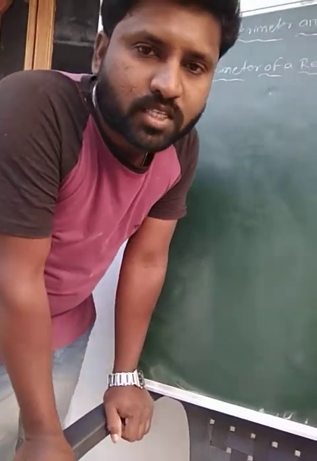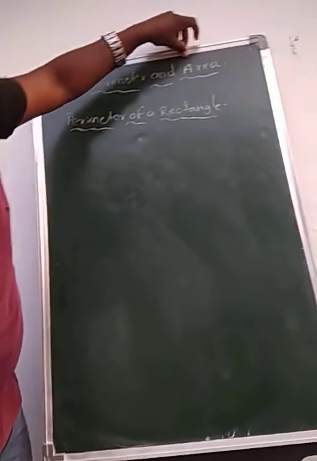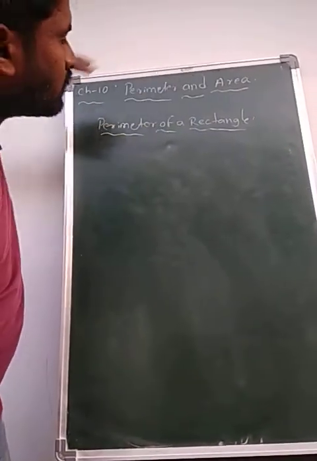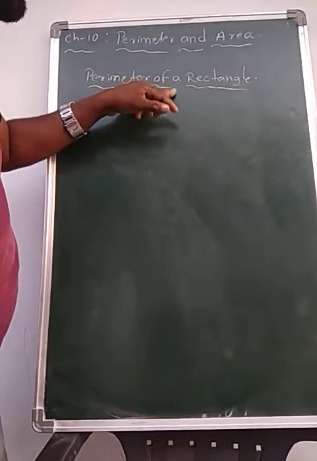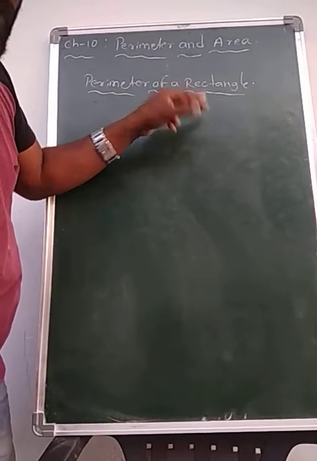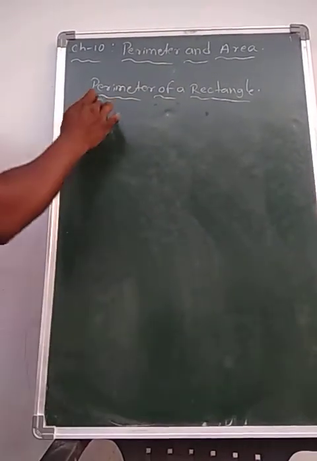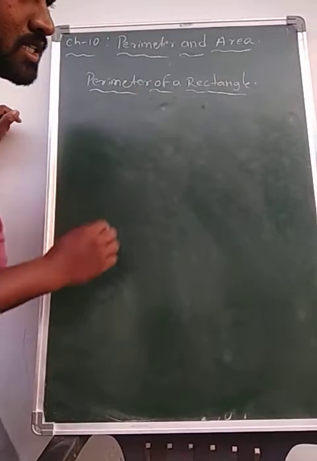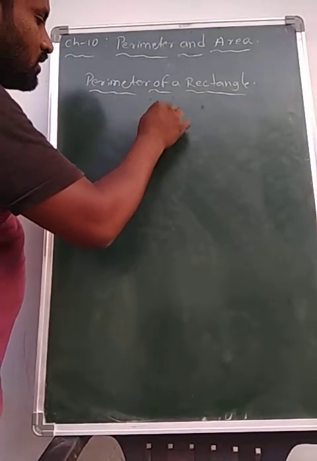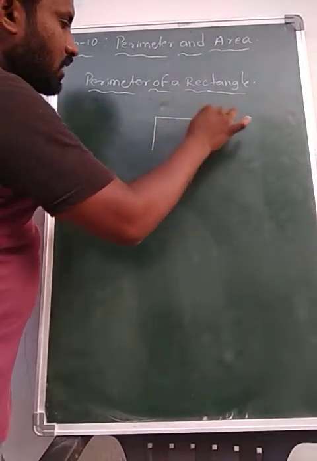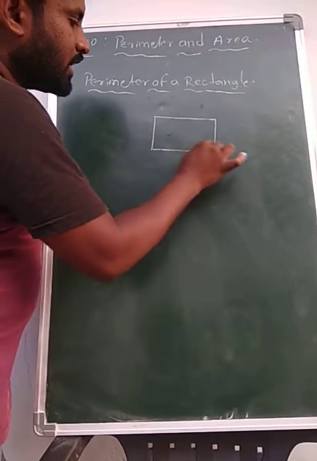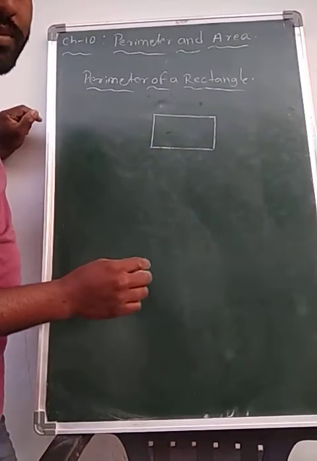Today we are going to discuss chapter 10, perimeter and area. In that, the topic name is perimeter of a rectangle. In geometry we discussed that a rectangle is a 2D figure, a two-dimensional figure.